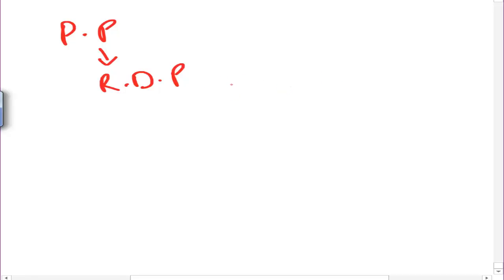It exactly knows which production to use, but it's not magic how it does this. What it has is a look ahead pointer, which points to the next input symbol.